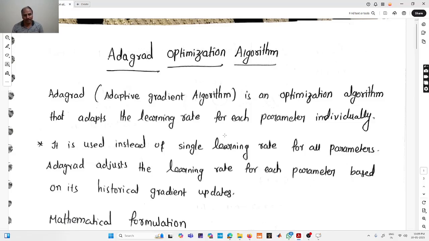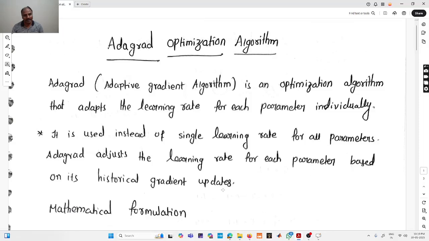Instead, for the more important features we have to increase the learning rate, and for the less important features we have to use smaller values of learning rate. So instead of a single learning rate for all parameters, Adagrad adjusts the learning rate for each parameter based on its historical gradient updates.